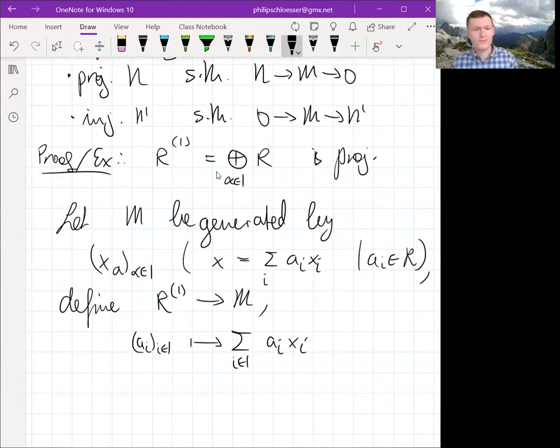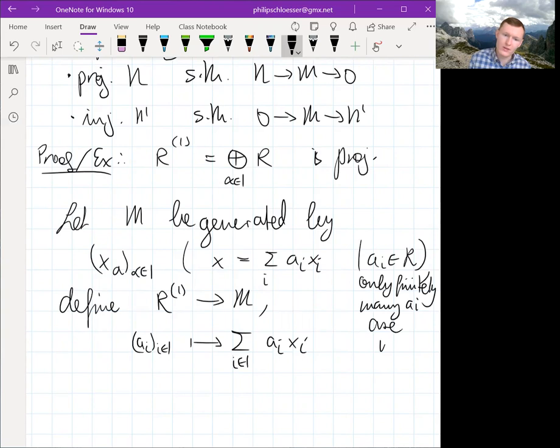Xi, I suppose. Where very importantly, only finitely many a_i are non-zero, so that we always have finite sums, because this is algebra and we have no notion of convergence. And because the set of Xi that we chose was a generating set, this is surjective. So yeah, we are done.